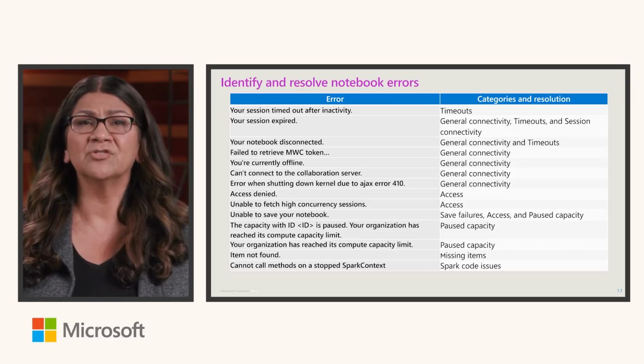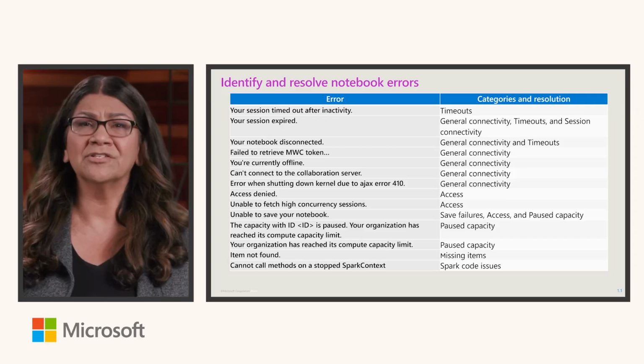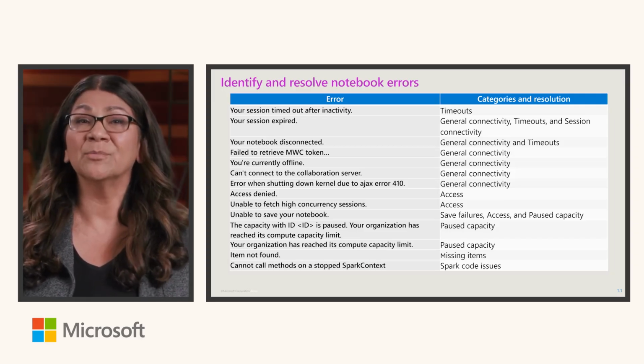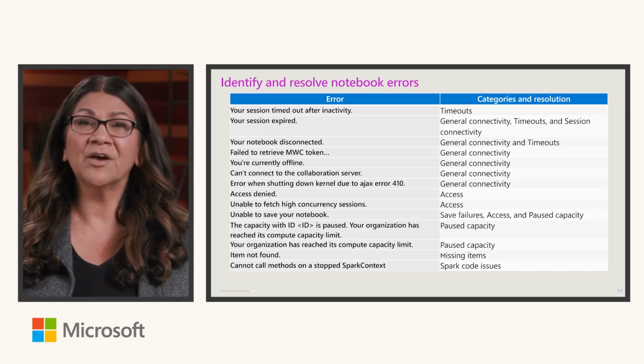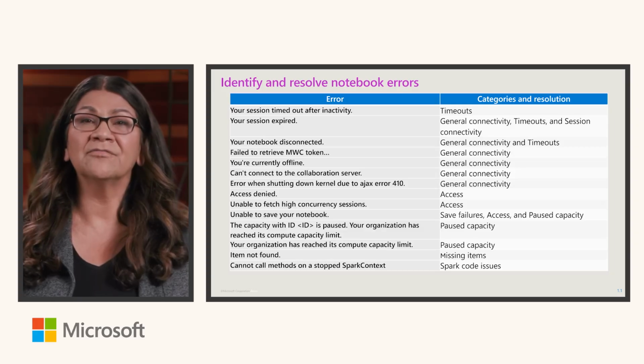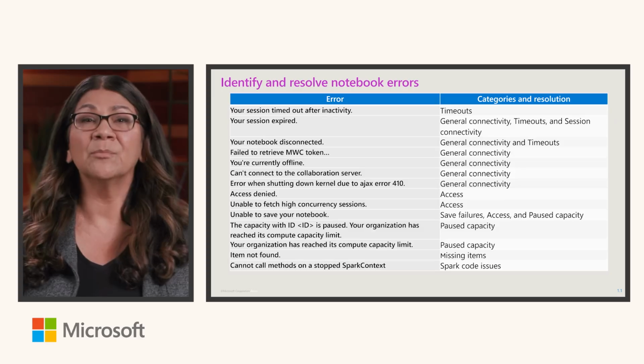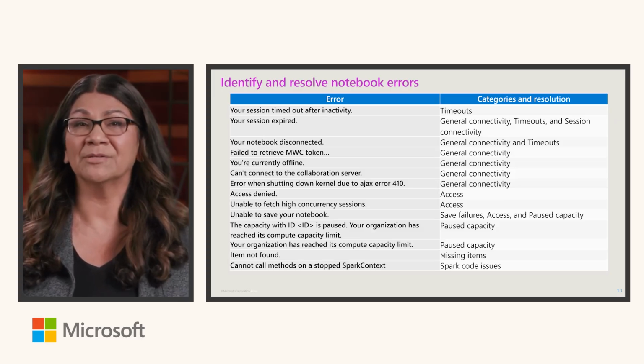Enable autosave, duplicate your notebook, or use version history to protect your work. Collaboration conflicts can arise if multiple users edit outside a session. Resolve them by reviewing version history and restoring the right copy. Finally, if you hit Spark code issues like excessive query complexity, break your logic into smaller, manageable steps.